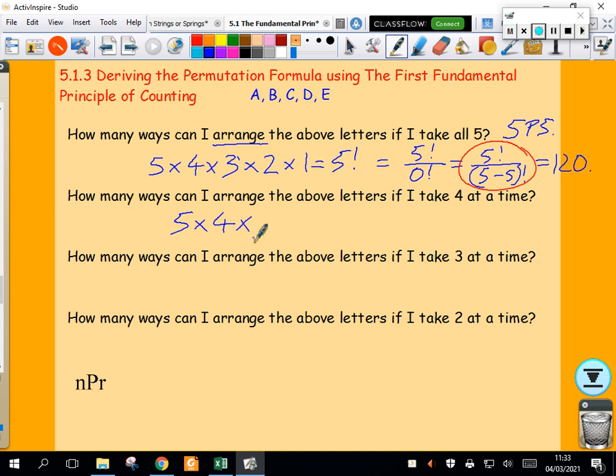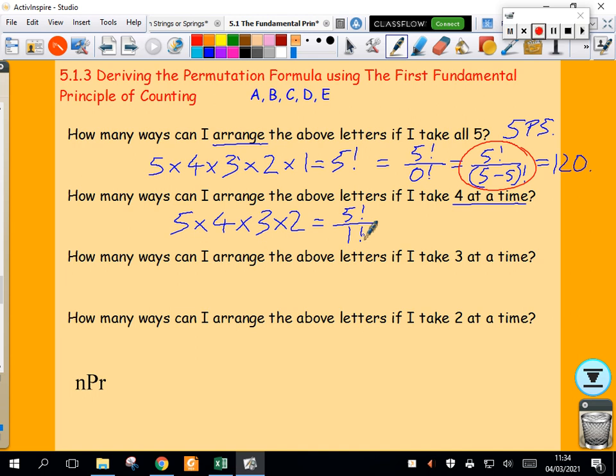For task 3, I choose a letter to go in the third position. There will be 3 ways to do that. And task 4, which is my final task in this case, because I'm only taking 4 letters at a time, is to choose a letter to go in the fourth position. There will be 2 ways to do that. 5 by 4 by 3 by 2. Notice what I have there is 5 factorial divided by 1 factorial.